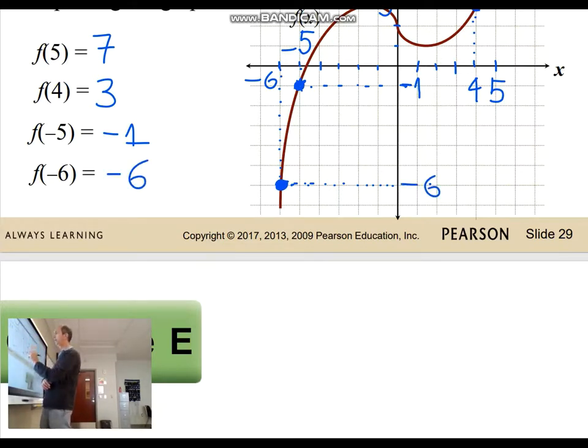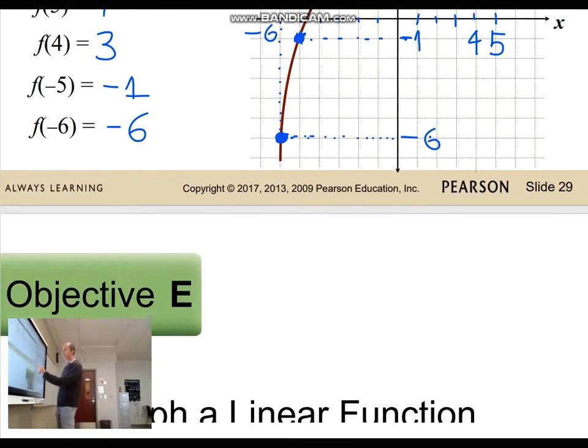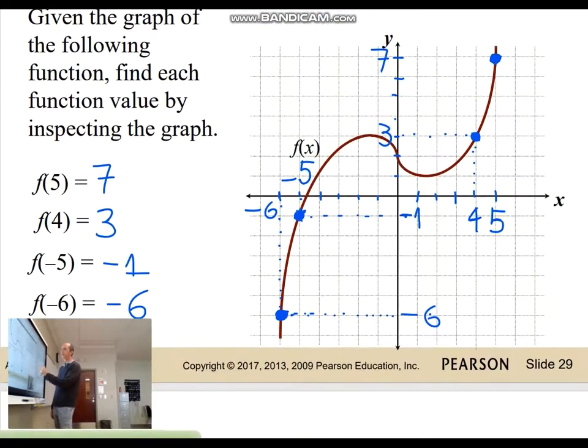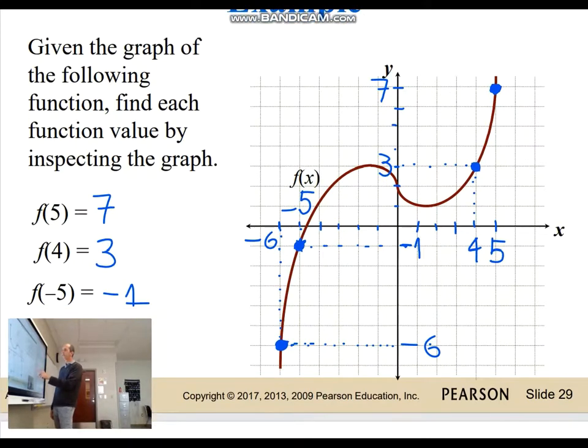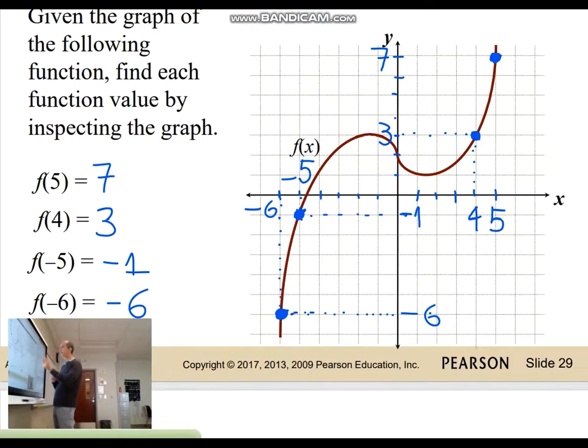Right? -6. Yes. Okay, that's how we evaluate the value of the function using the graph, inspecting the graph.